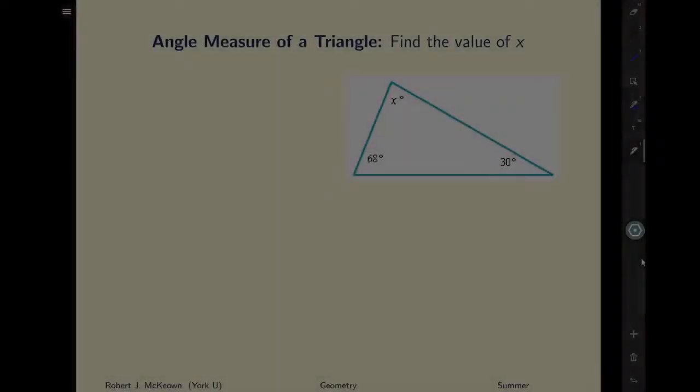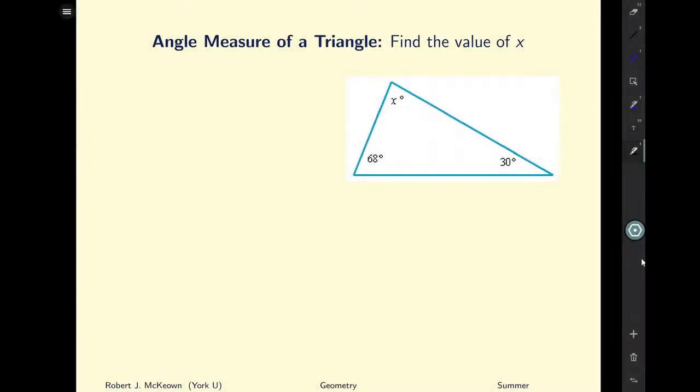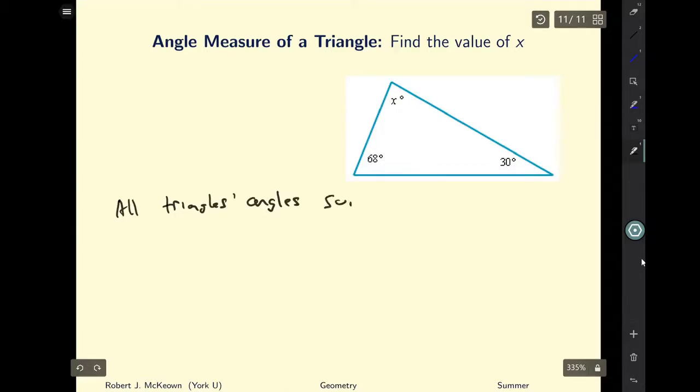Our last problem, we'll look at the angle measure of a triangle. And very simply, all triangle angles sum to 180 degrees. And so that makes answering this problem really quite simple.